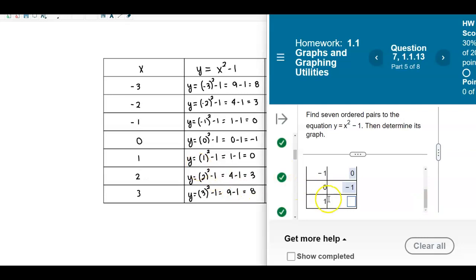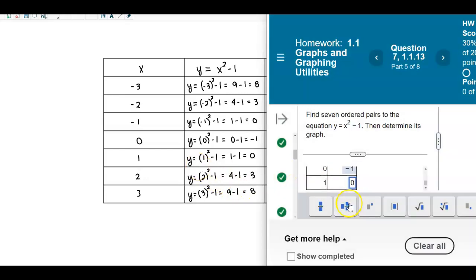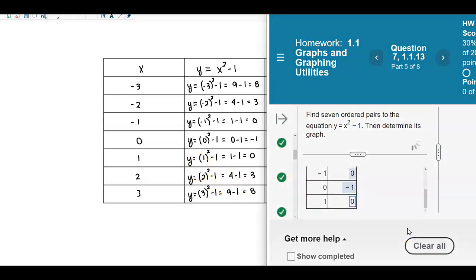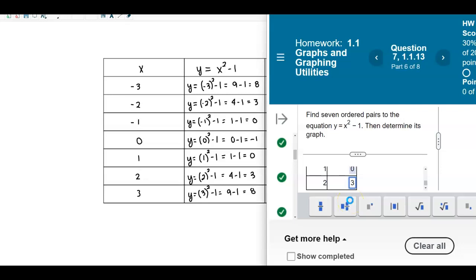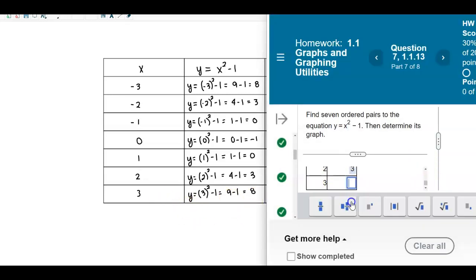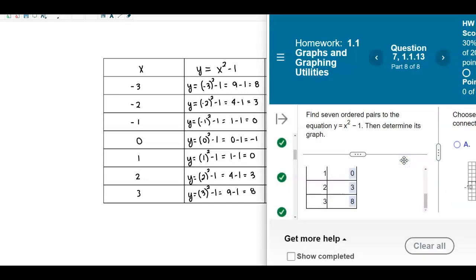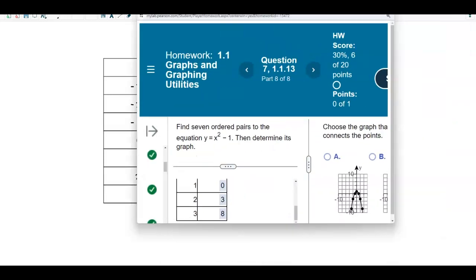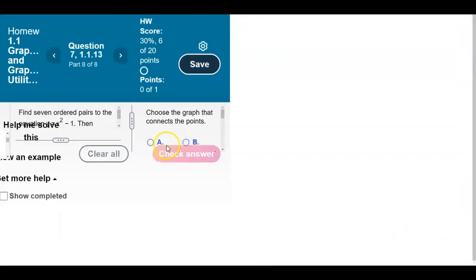Then we had a 1, and we got a 0 for that. When we plugged in 2, we got the value of 3, so let's check our answer there. And then we plugged in 3, we got a value of 8. Okay, so those represent the ordered pairs.